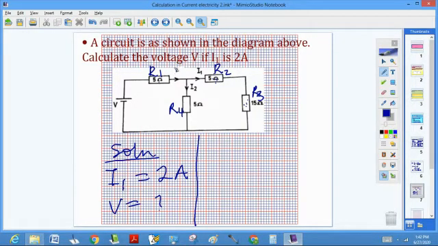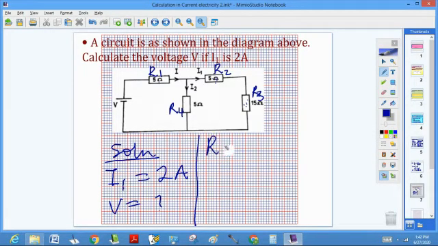The actual current flowing through this circuit is I, which passes through R1. When it passes through R1 and gets to this junction, it is split into I1 and I2. I1 passes through R2 and R3, while I2 passes through R4. So let's now find the overall resistance in the circuit.